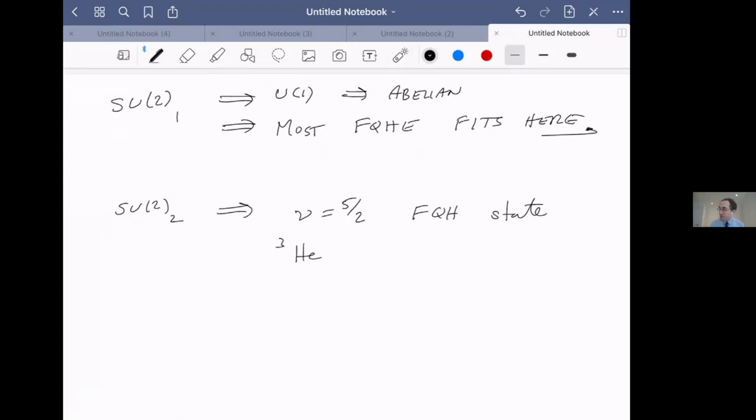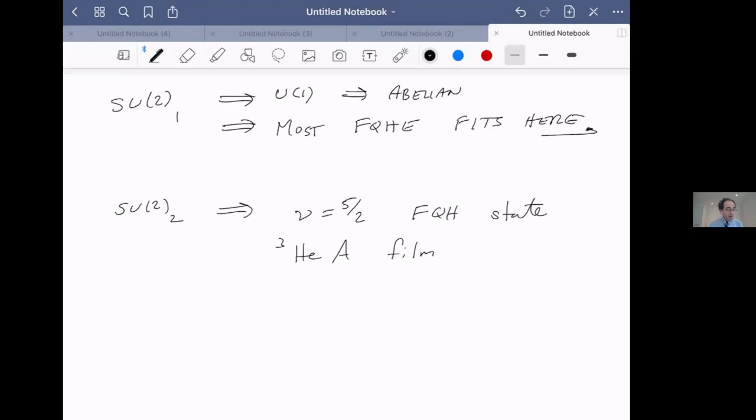So helium-3, you recall, is the helium that is missing one neutron, so it's a fermion. If you cool it down to very low temperatures, it becomes a superfluid, and one of the phases of that, if you make it a film, so it's a two-dimensional system, so everything I'm talking about is two-dimensional plus time, it becomes SU2 level 2.